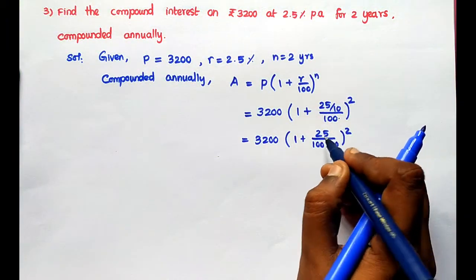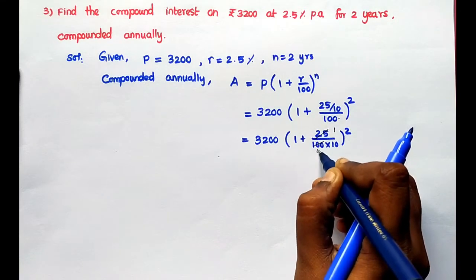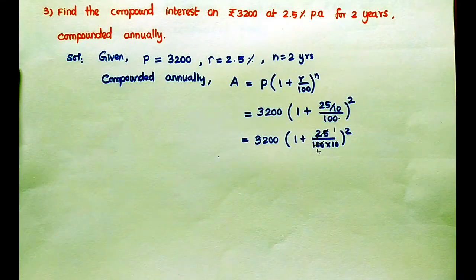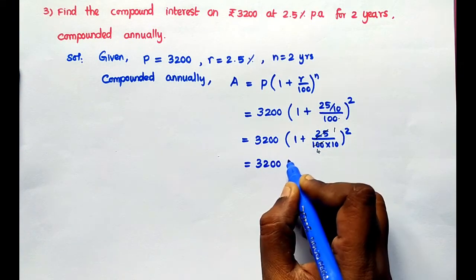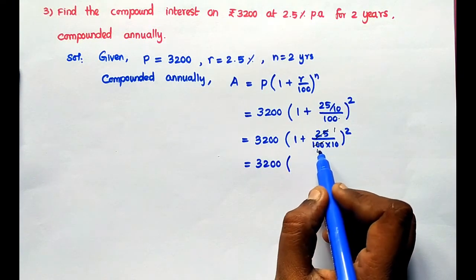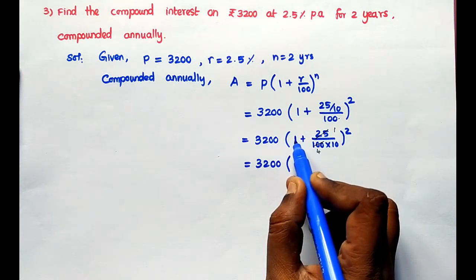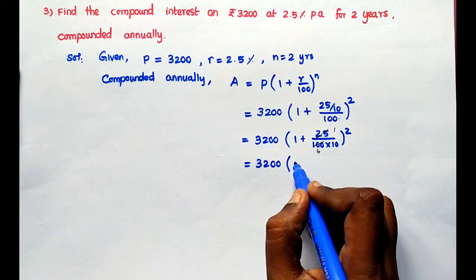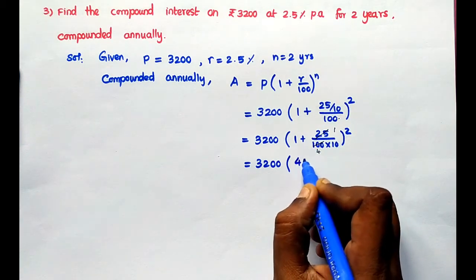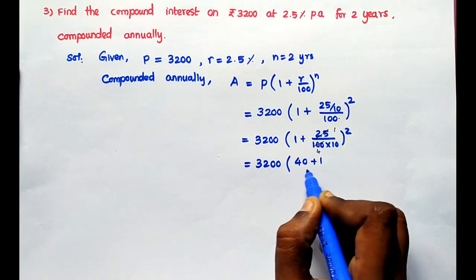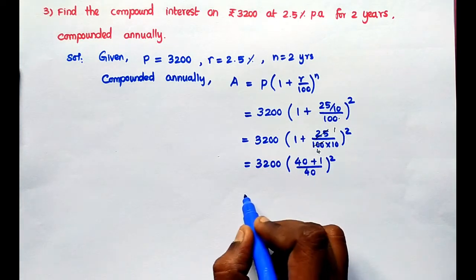Now cancel this one. 25 ones are 25, 4 25s are 100. Now 3,200 into, now here 4 into 10 is 40, 40 into 1 is 40, plus 1, so (40 plus 1) whole divided by 40, power 2.